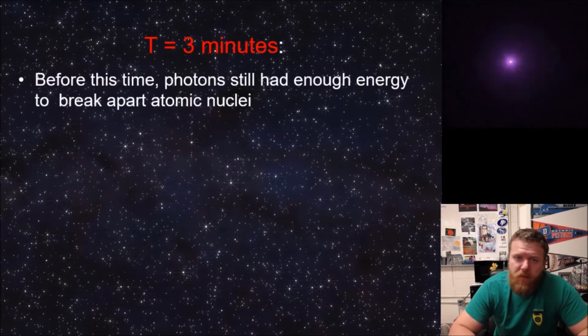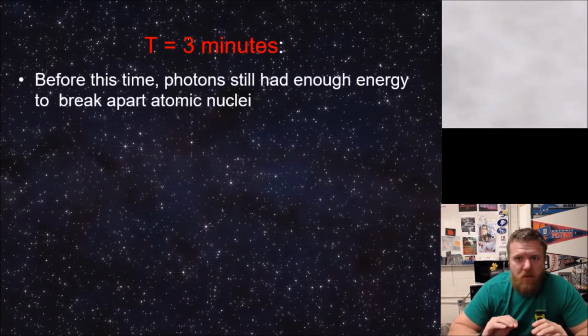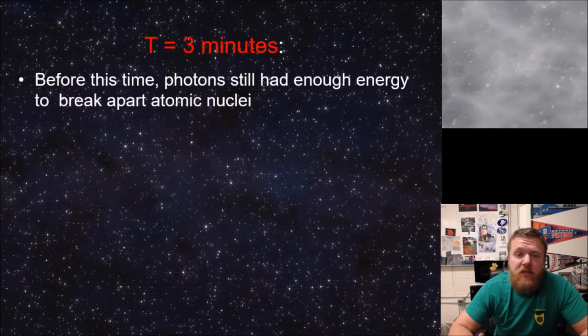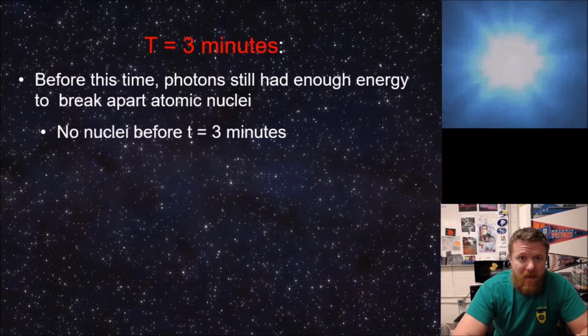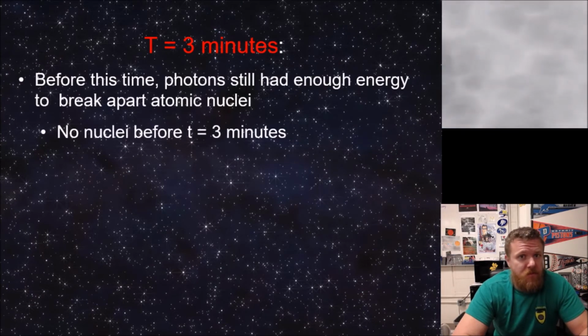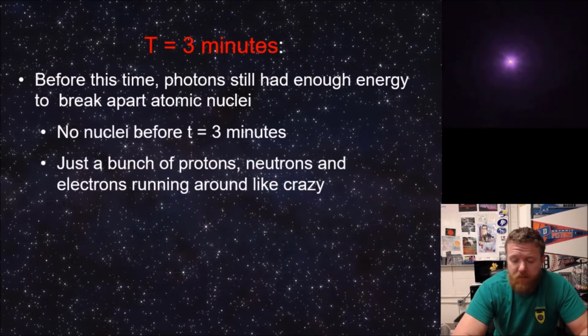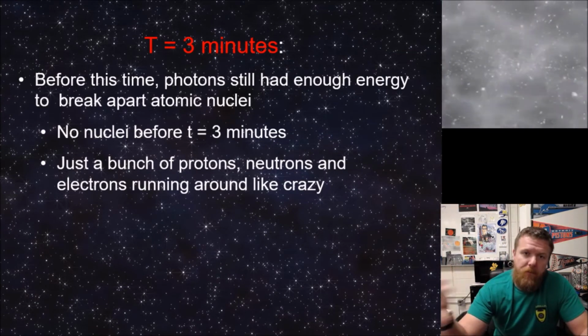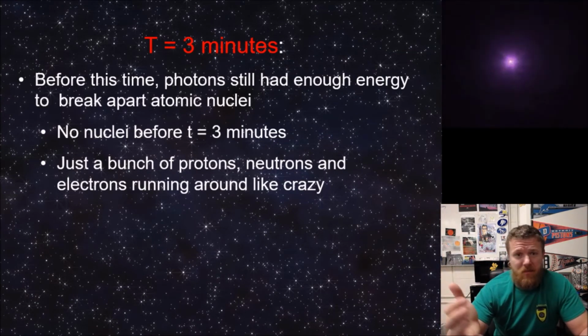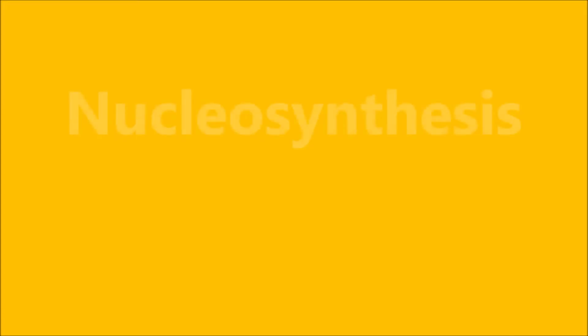Before this time, before 3 minutes have elapsed, photons still had enough energy to break apart any sort of atomic nucleus. There's absolutely no nuclei before the universe was 3 minutes old. It was basically just a bunch of protons and neutrons and electrons running around in a big, super hot subatomic particle soup.